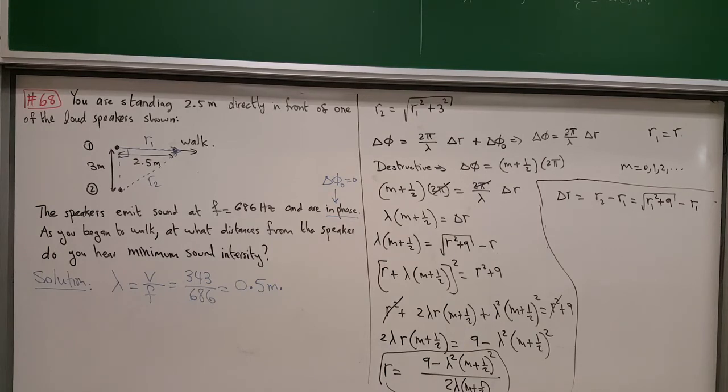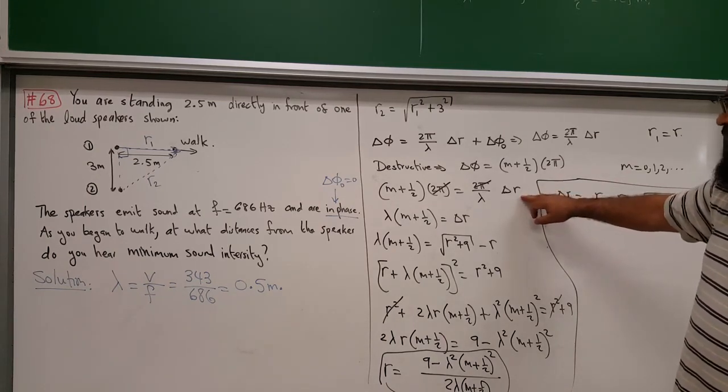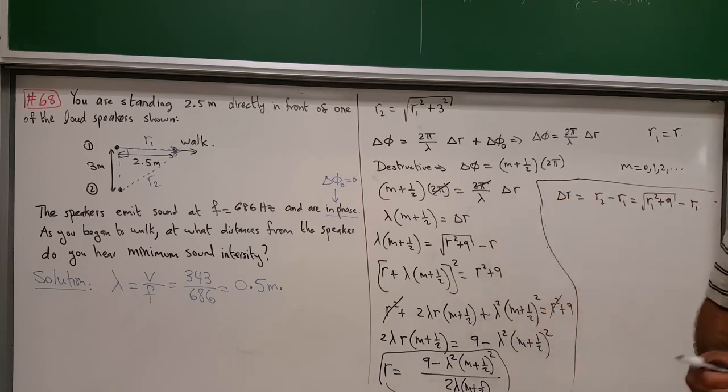If m equal to 1, you get 5.62. If m equal to 2, you get 2.98, and so on and so forth. The important part is really the physics setup right there, and the rest is algebra. So that's the end of this chapter, chapter 17 of interference.